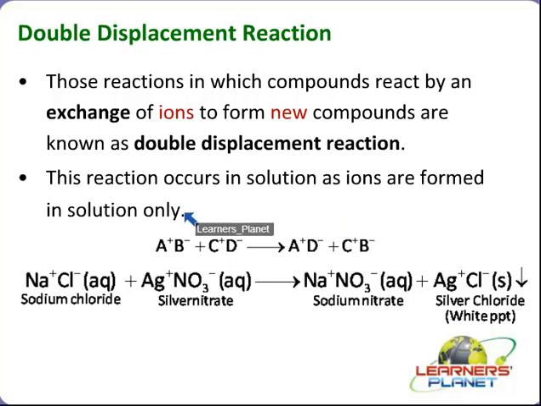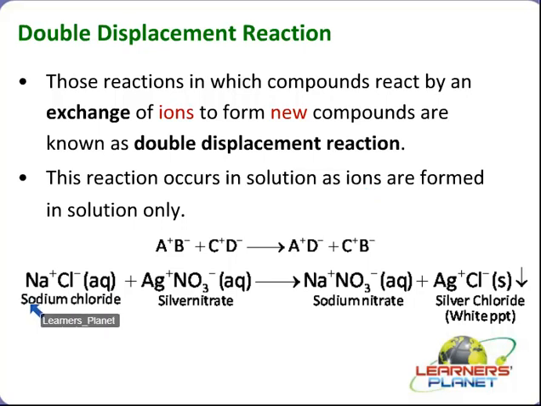Is my point clear? Here ions are formed. Where will these ions form? Will they form in solid state? No, they are not going to form in solid state. They are formed in solution. So this type of reaction occurs in solutions.